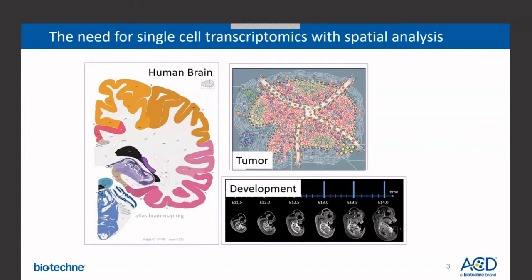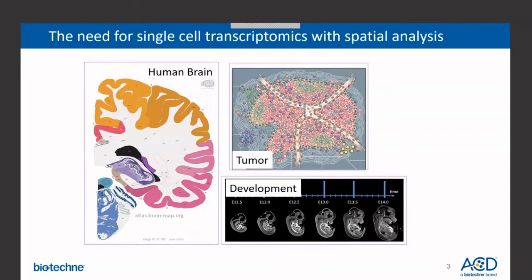I mean, there's so many interesting questions we can ask about how this all works. But we need a really sensitive, specific, and multiplexible spatial approach with single cell resolution to really deeply characterize these tissues. And traditionally, transcriptomic analysis has relied on bulk tissue analyses, such as PCR, for example, which provide an average level of gene expression in a sample.